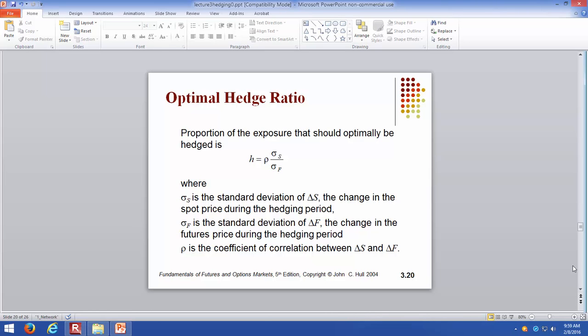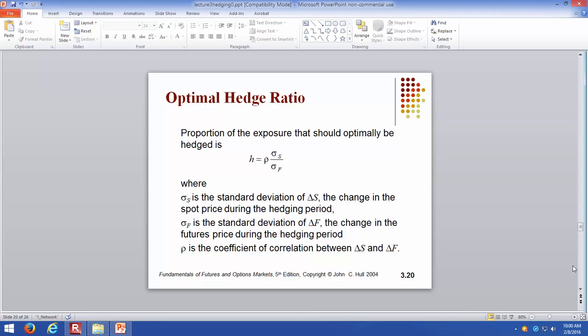So sigma S is the standard deviation of delta S, the change in the spot price. Let's say you're Southwest Airlines. Typically you want to hedge your exposure to aviation fuel. The contracts you might be using are futures contracts on heating oil. The reason you want to use heating oil futures is perhaps that they are more liquid.